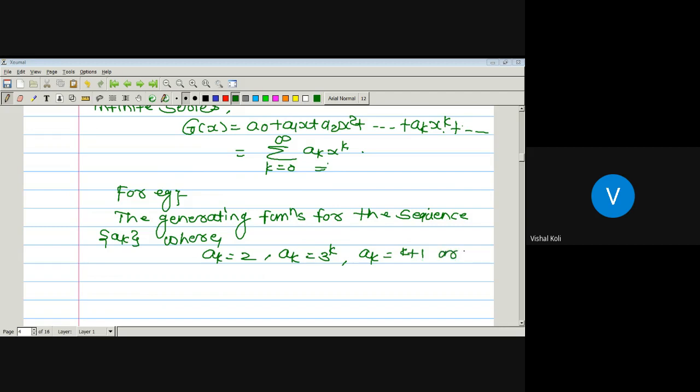Here we have given the kth terms of the sequences. That is, the kth term of the first sequence will be equal to 2. The second has kth term 3 raised to k, and the third sequence has kth term k plus 1.